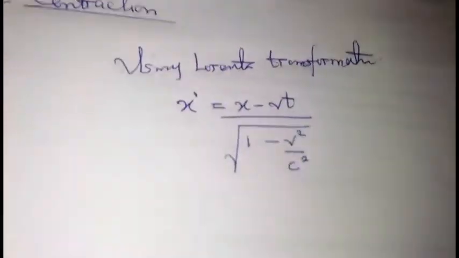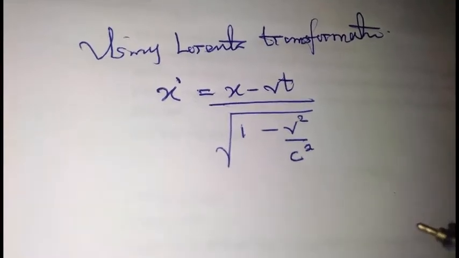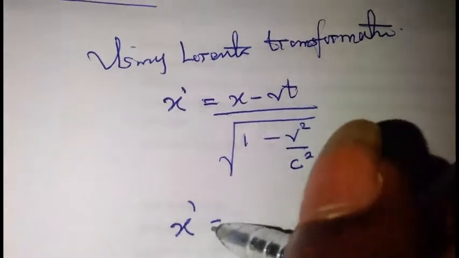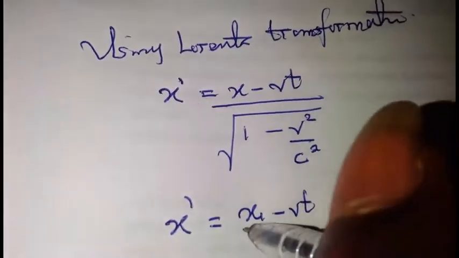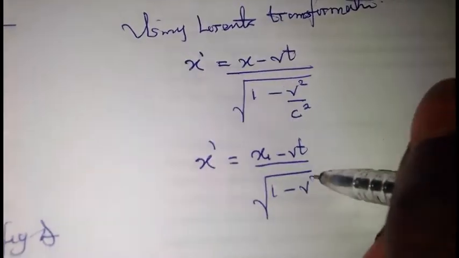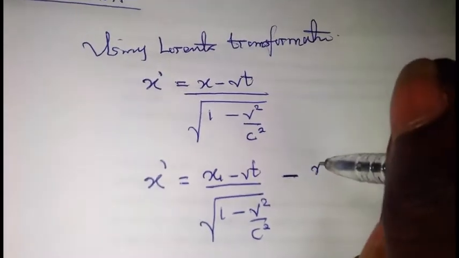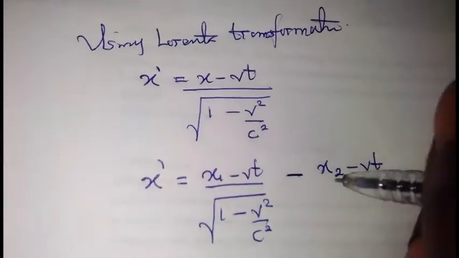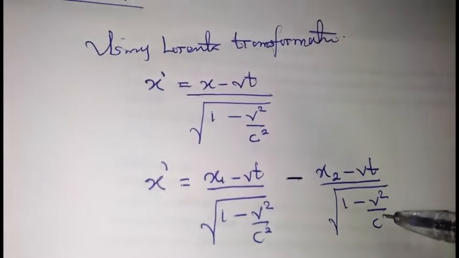So we can solve using Lorentz transformation by saying that x prime is equal to x1 minus vt all over root 1 minus v square over c square, minus x2 minus vt all over root 1 minus v square over c square.